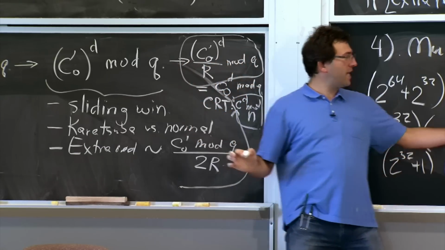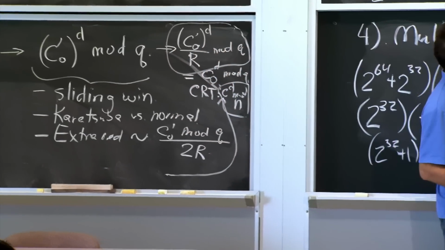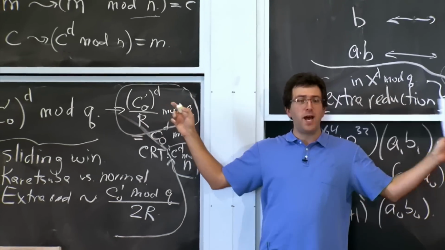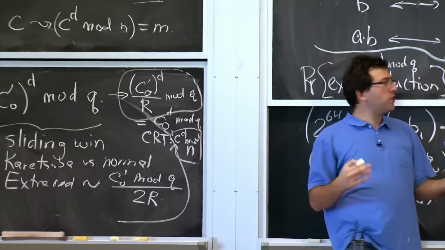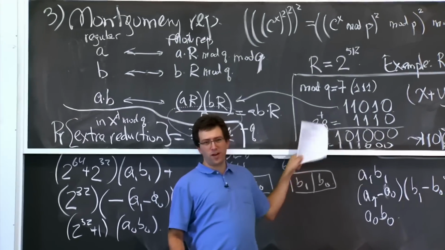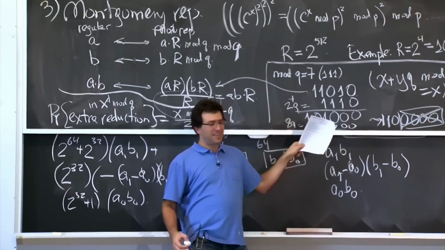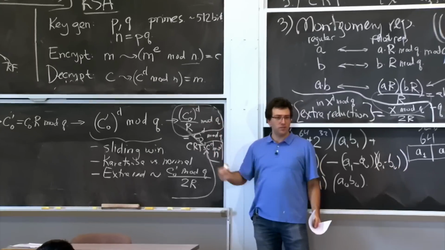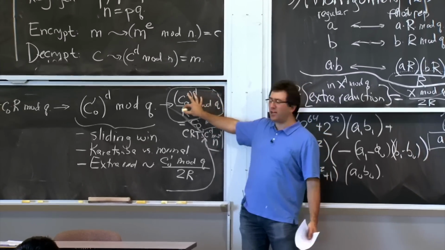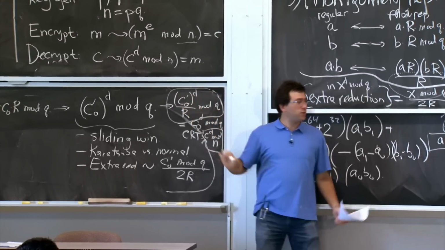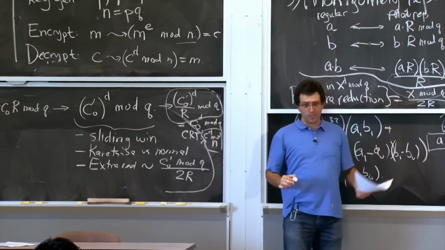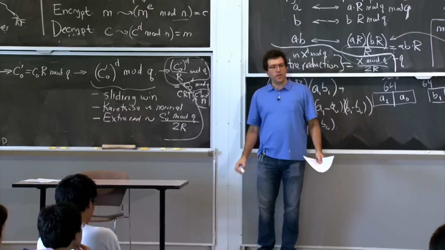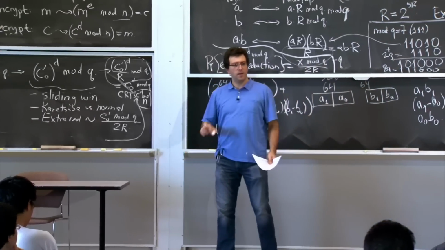We probably have to do exactly the same thing as we saw for the Montgomery reductions when we do this divide by r to convert it back. So it's not clear exactly how many q's we should add. We should figure out how many q's to add, kill the low zeros, and then do mod q again, maybe with an extra reduction. So you're absolutely right. This is exactly the same kind of divide by r mod q as we do for every Montgomery multiplication step. Make sense? All right. Any other questions?